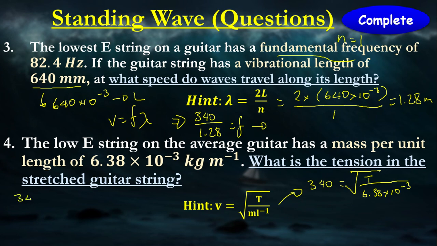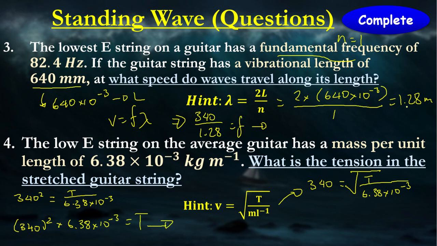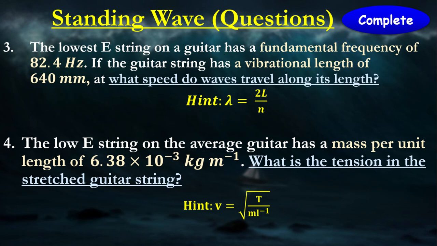It'll be 340 squared equals the tension force over our mass per length. So 340 squared times this value here equals our tension force. Let's look at the two values and see what we get.